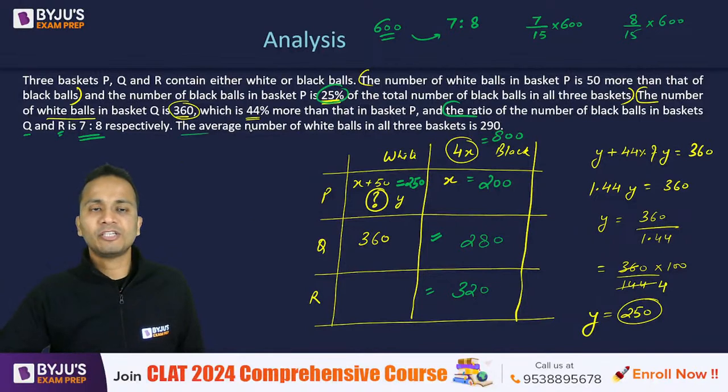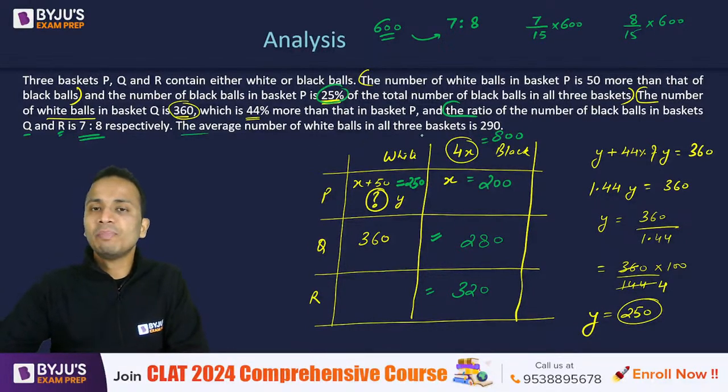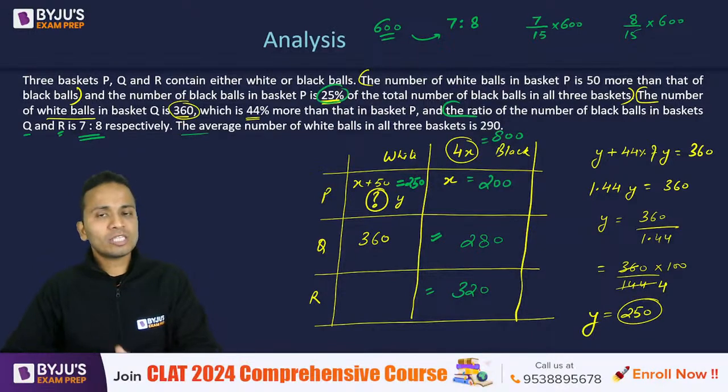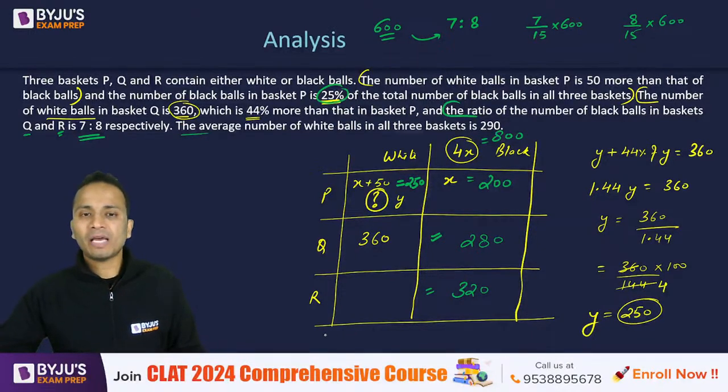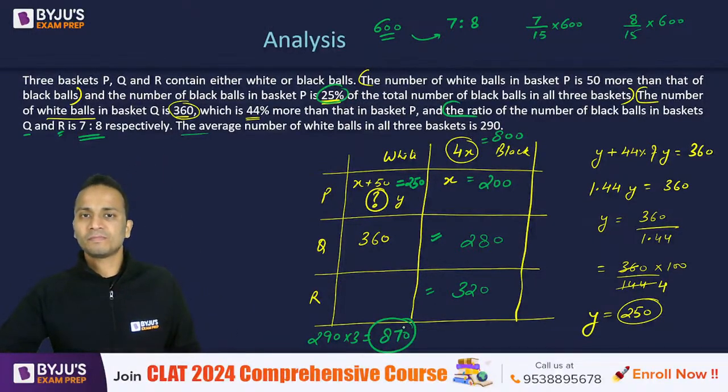Using last statement, the average number of white balls in all the 3 baskets is 290. So 3 baskets, if the average is 290, so the sum will be 290 multiplied by 3. Look at the bottom of the screen. 290 multiplied by 3 is 870. So 870 is the total number of white balls, right?